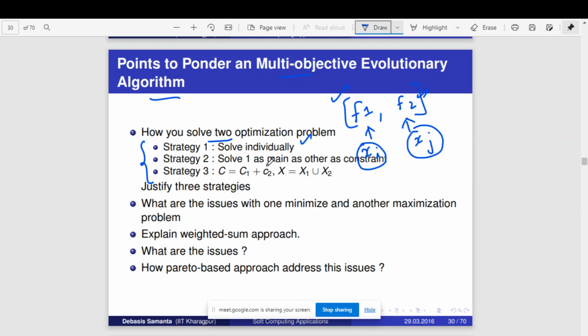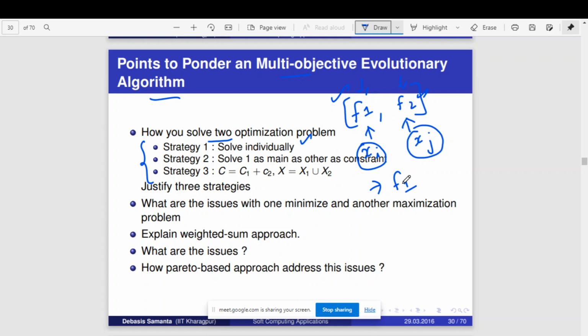The second strategy says: solve only f1, but use f2 as a constraint to solve f1. Normally when we solve a multi-objective problem, we use constraints, right? There will be an objective function and also there will be constraints. So here you want to solve two functions f1 and f2: solve the problem for f1, but use f2 as a constraint, that is, given this condition, solve f1.